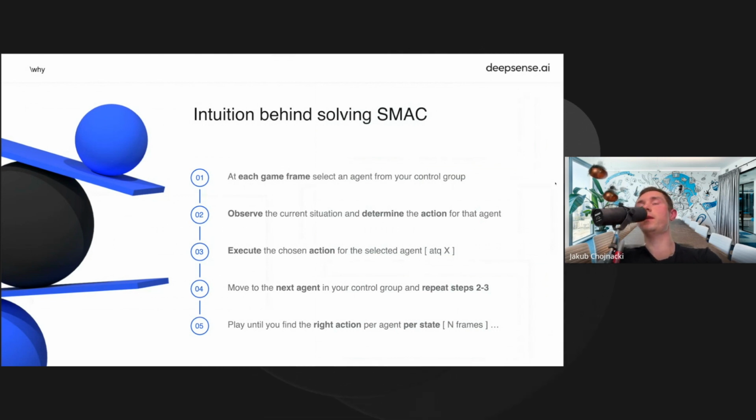Then we would execute that action. For instance, we would attack some other unit, and then we would move to the next agent from our control group, and repeat steps 2 to 3. Of course, we would play until we find the right action per agent per state, meaning that our policy for all the agents would at some point converge to the optimal one, meaning we would win every time.